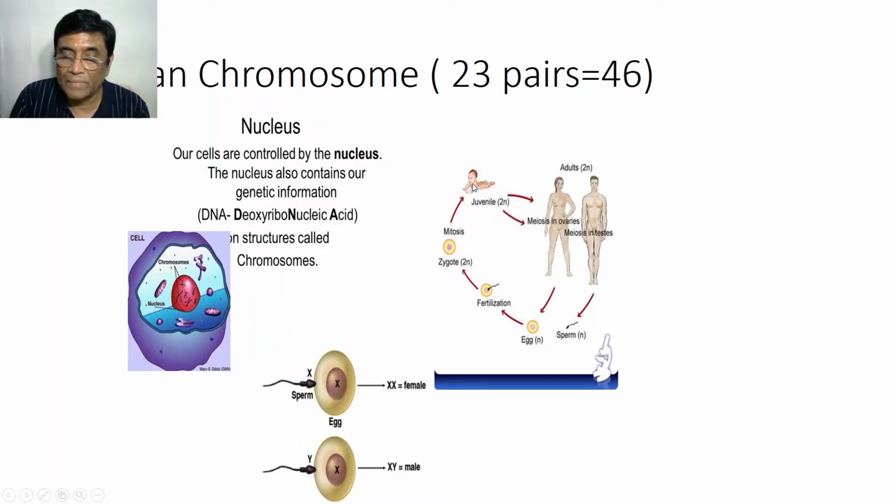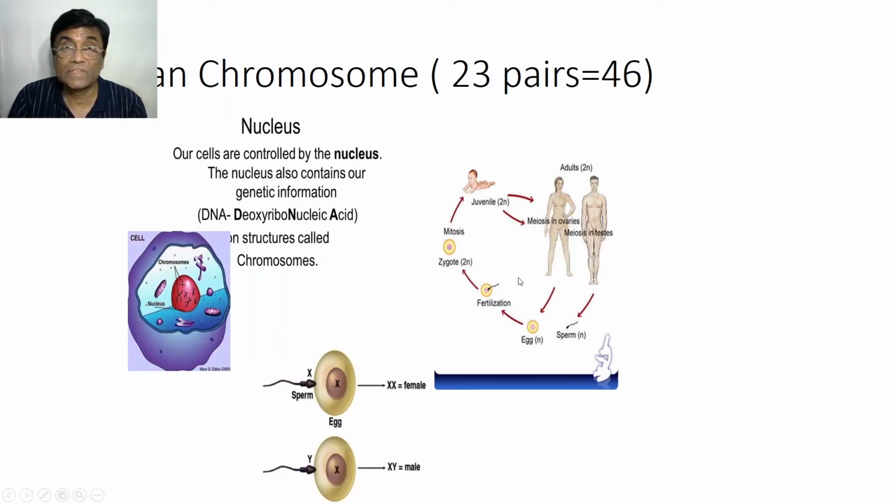When a baby is born, mitosis takes place in the body cells, and in the genetic cells, which are egg or sperm, another kind of cell division takes place, meiosis. Meiosis's job is very interesting. We are not going into detail, as it is class 12 level. You know all this, right?